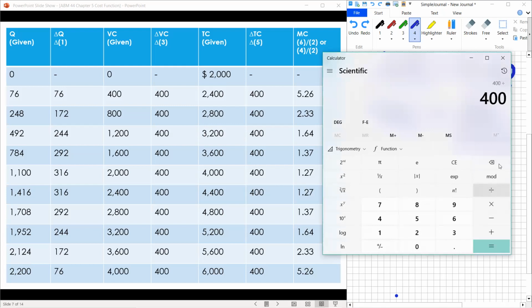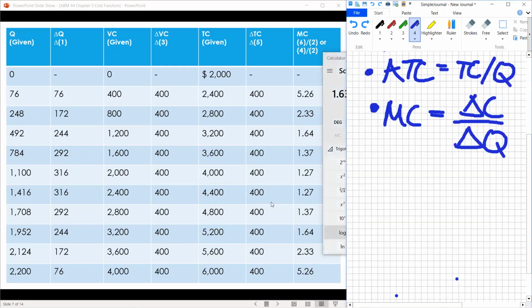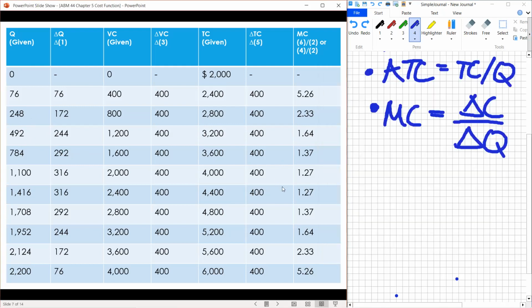You'll get 400. 400 divided by 244. So that is the difference between these two numbers. Divide by 244, then you'll get 1.64, as you can see here. So that's how you'll get our marginal cost. As simple as that.